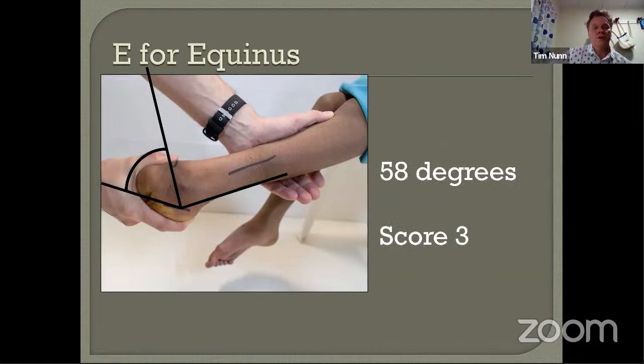Equinus is often a very significant component of the deformity. And of course, when the ankle is plantigrade or in neutral position, that would be 0 degrees of equinus. But here you can see the amount of equinus is actually 58 degrees, which is above 45 and scores 3.